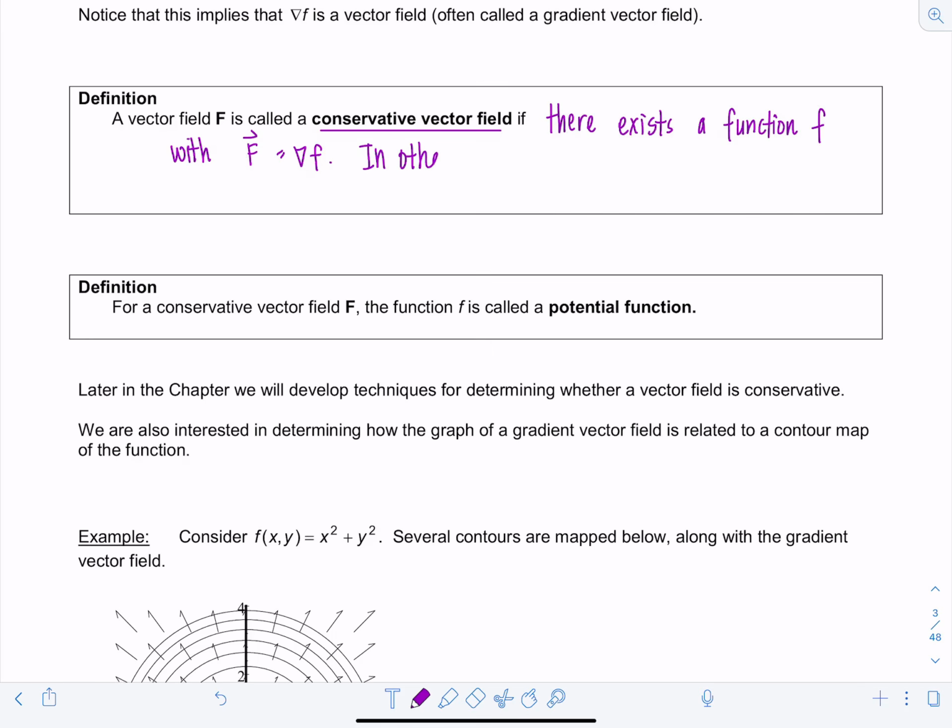So in other words, F, the vector field, is conservative if it is the gradient of some function f.